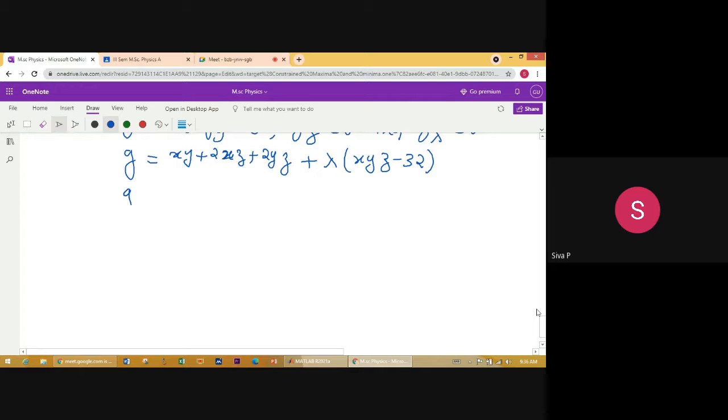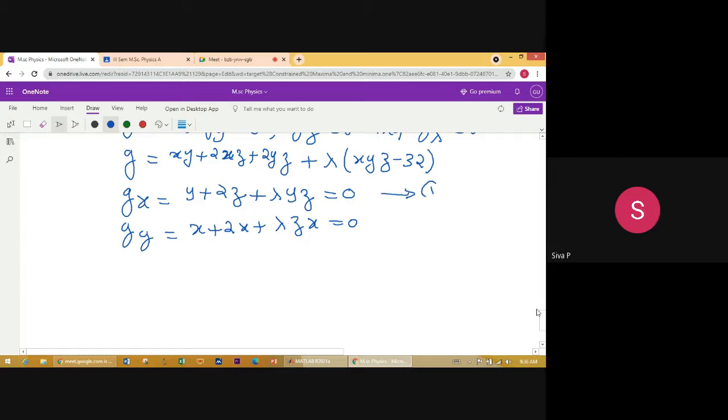Now what is gx? gx is y plus 2z plus lambda yz, that is equal to 0. Similarly, gy equal to x plus 2z plus lambda zx equal to 0. This is equation number 1, this is equation number 2.